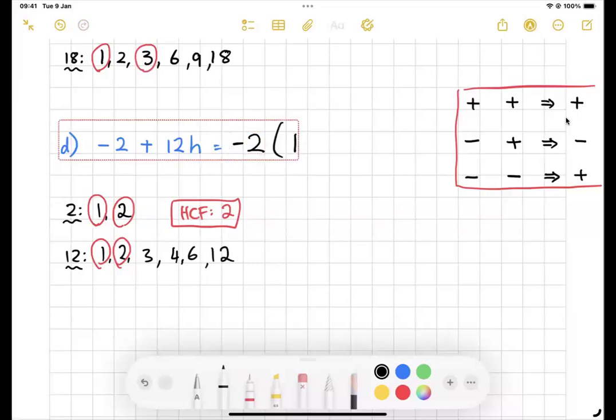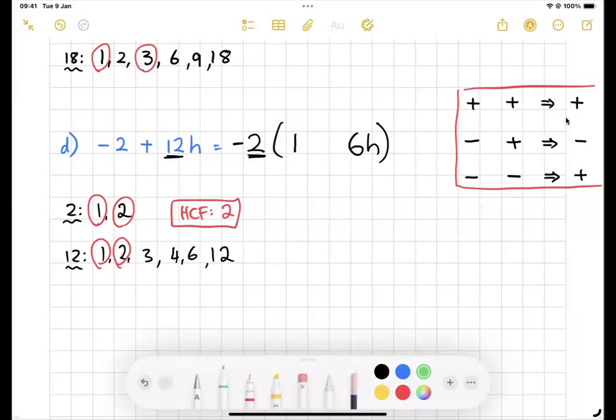Then the next part, deal with the numbers only. 2 times what gives me 12? Well, that's 6h, because h is left over. All right, 2 times 6h gives me 12h. Now let's deal with the negatives.